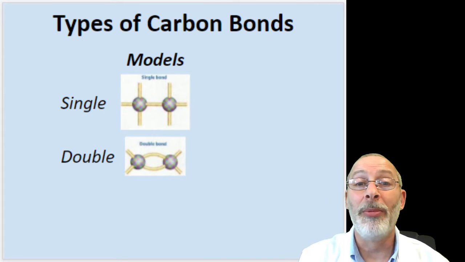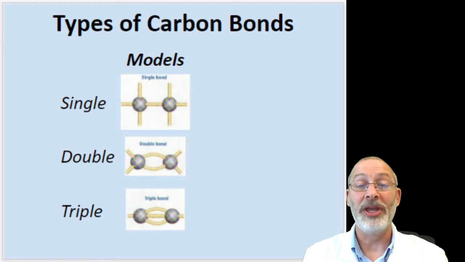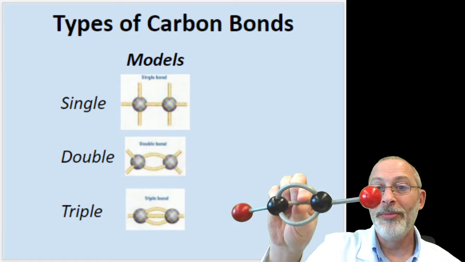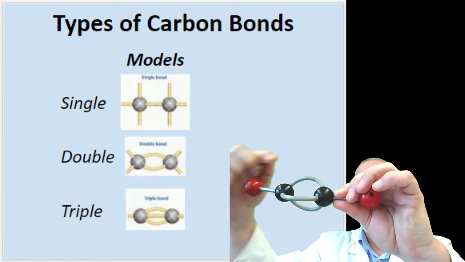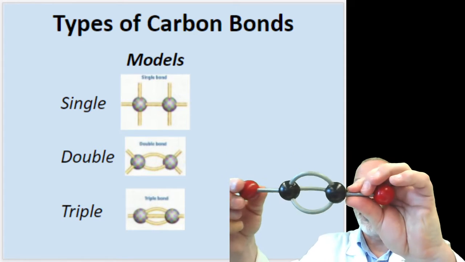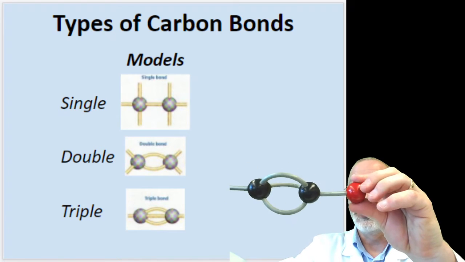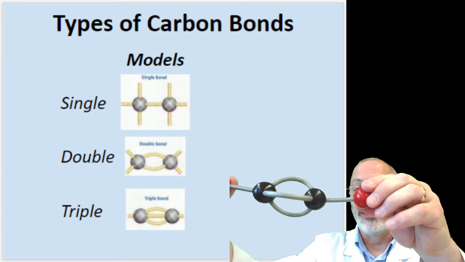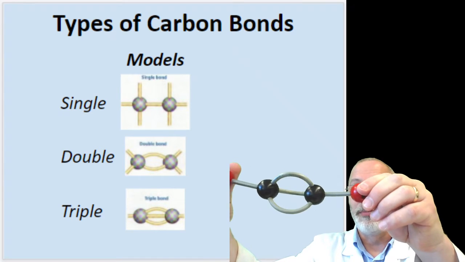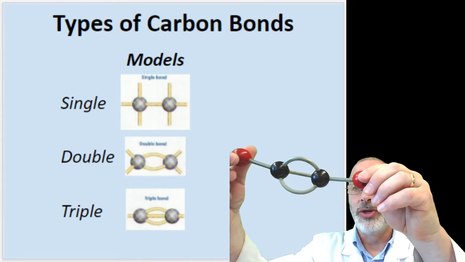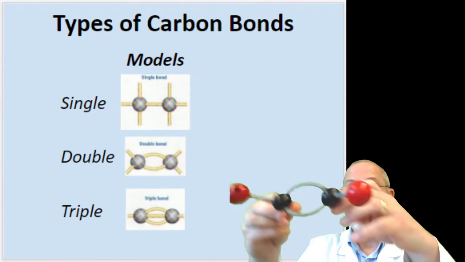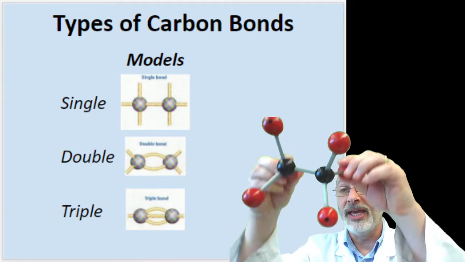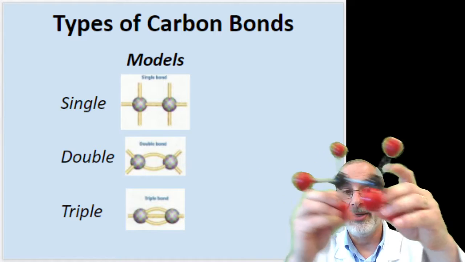And I'm sure you can probably imagine the third one, if we hit a triple, here we have an example of a triple bond. There are 3 rods that connect our 2 carbon atoms with one another. As I turn this around, you can see there are 3 covalent bonds. So here's a triple bond. Here is a double bond. And here is a single bond.